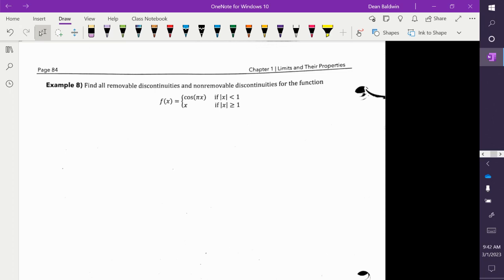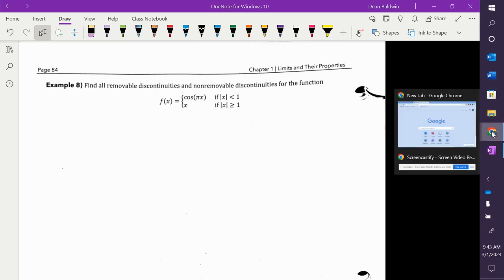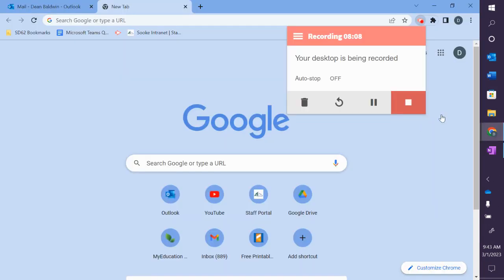I'll pull up the graph for you. You want to see the graph of this? Well, you know what the graph is. Sort of. Let me do this. I'll do Desmos. Where's Desmos?